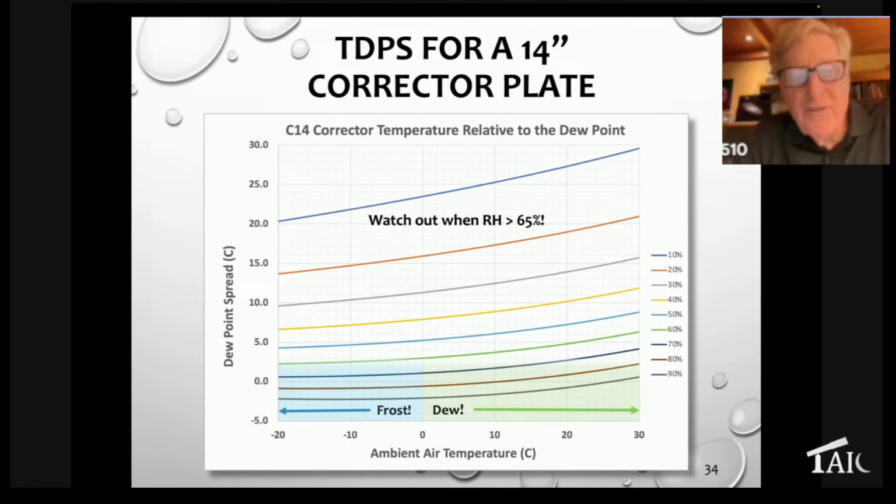So 65% is where you need to really have your antenna up. And as it gets more humid, 70%, you're almost for sure going to start getting dew at almost any temperature. 80%, you are getting dew. So this is a theoretical calculation, but it matches my experience out in these dewy areas.